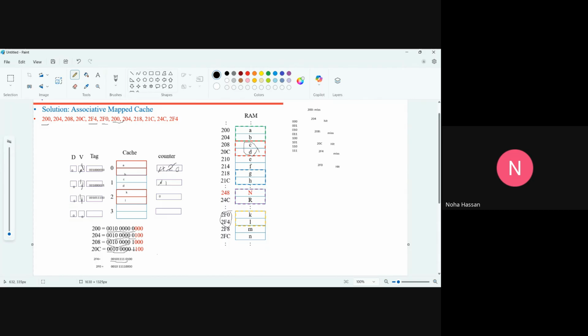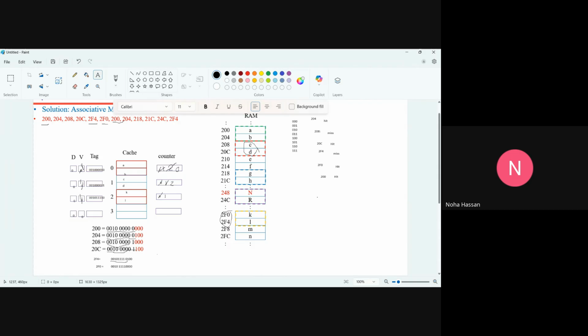And the other counters will be incremented by 1. So this one will become 2, and this one will become 1. And of course, this is a hit.